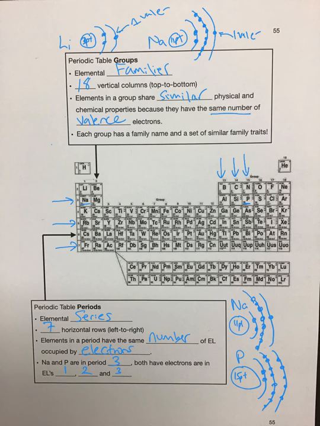So sodium and phosphorus have the same valence energy level number. Both of them, their last energy level that is occupied by electrons is number 3.